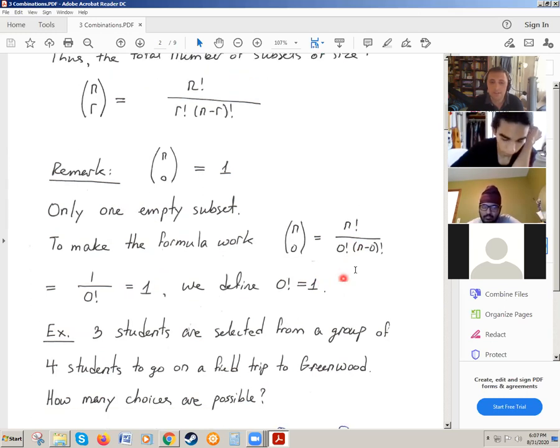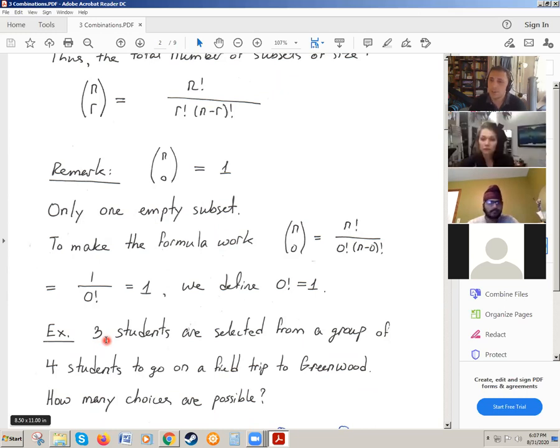And here is your first question. 3 students are selected from a group of 4 students to go on a field trip to Greenwood. How many choices are possible? So this I selected to have very few possibilities so you can actually see it and then calculate it.